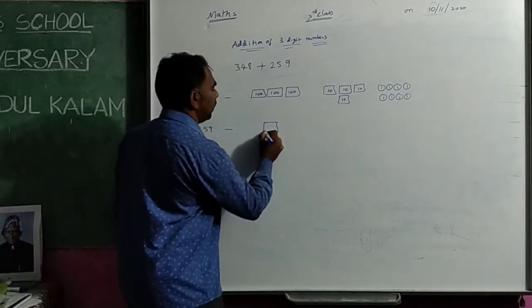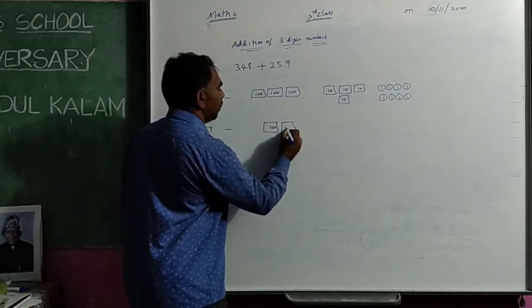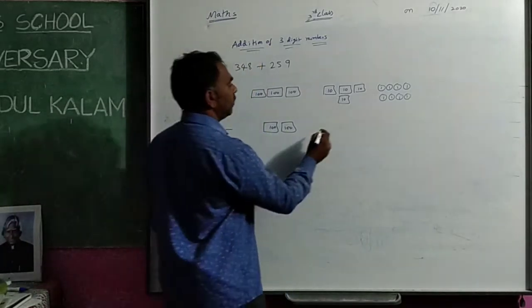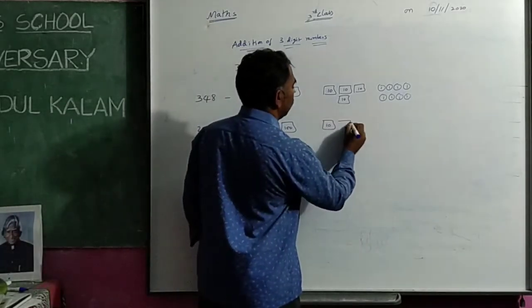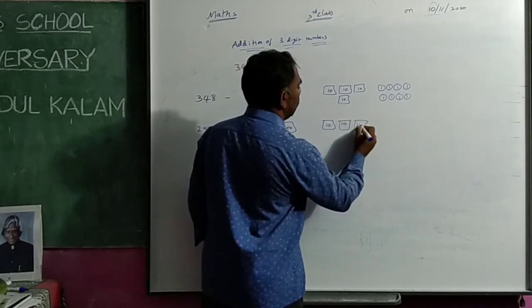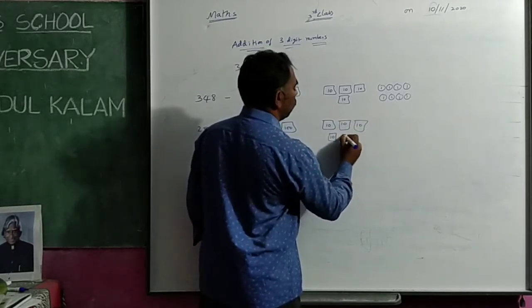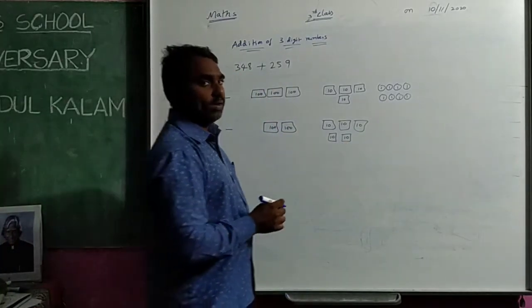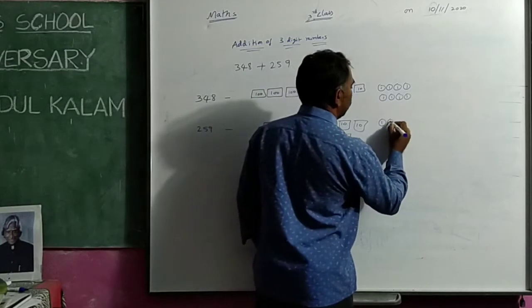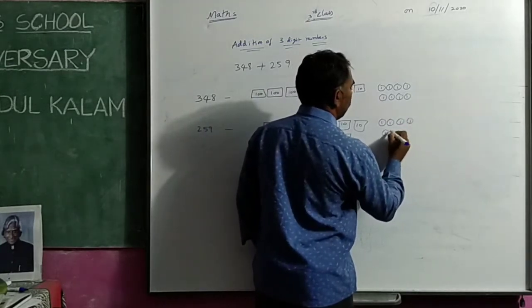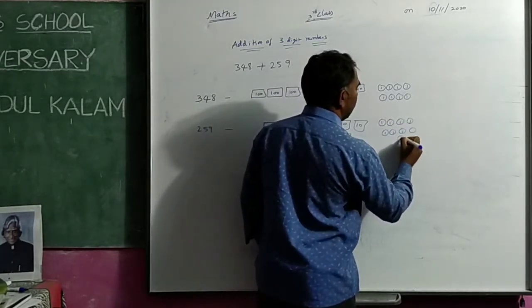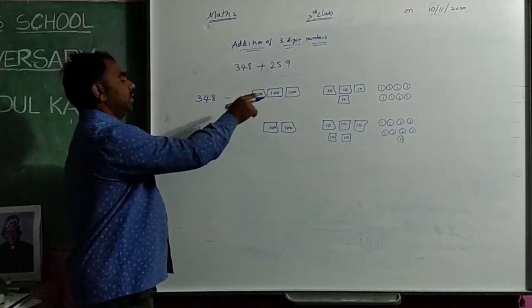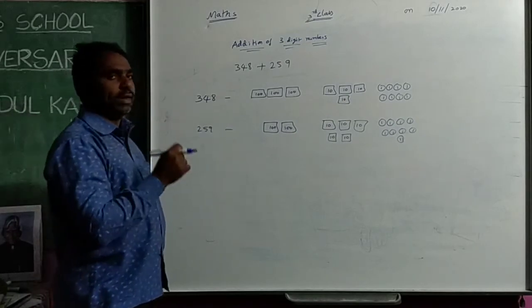So 2 hundreds and 5 tens. 1 ten, 2, 3, 4, 5. 5 tens and 9 ones. 1, 2, 3, 4, 5, 6, 7, 8, 9. The first number is 348, second number is 259.